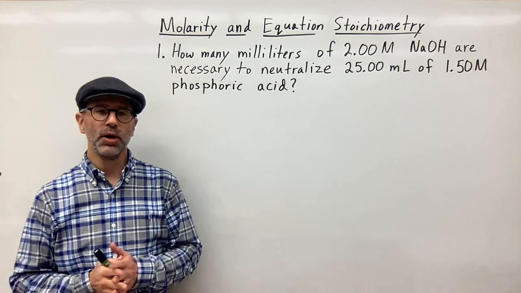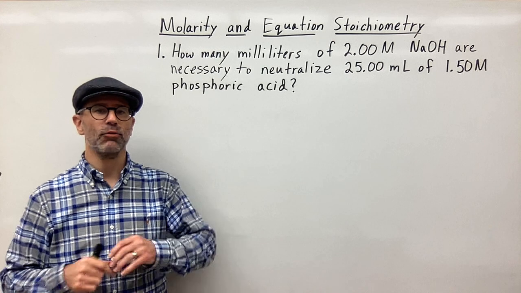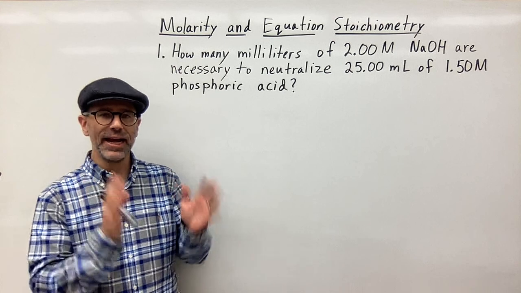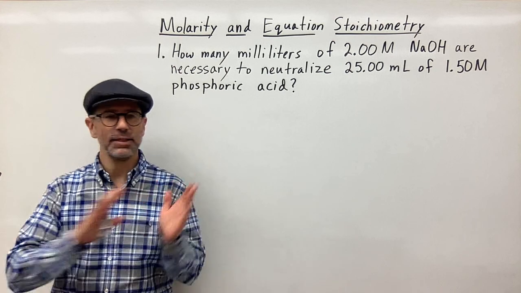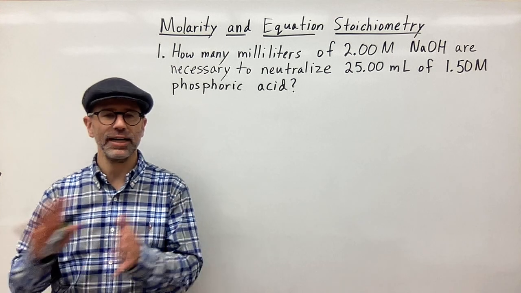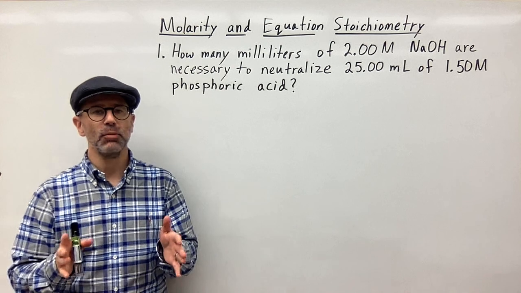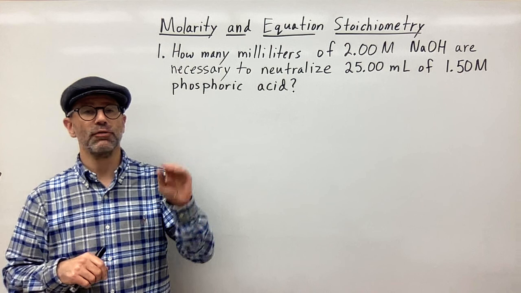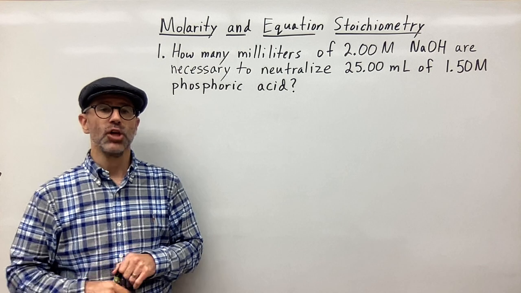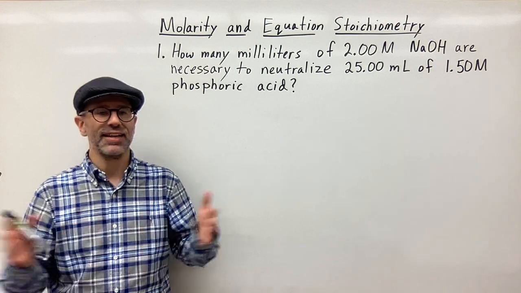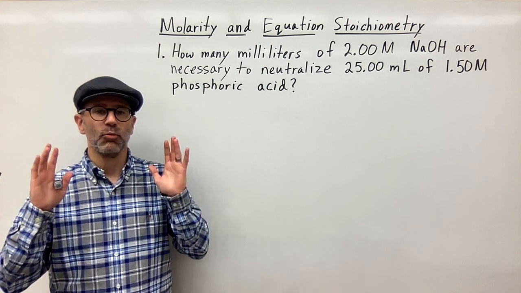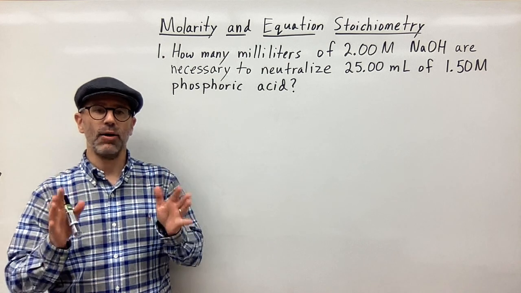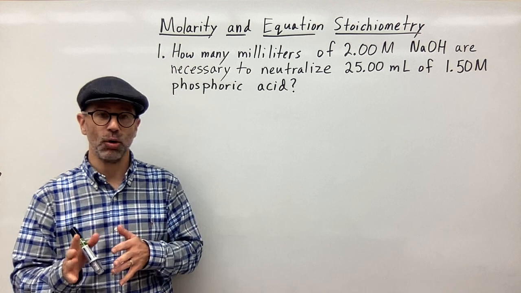Up to this point I've been harping on this idea that whenever you're doing stoichiometry, your goal is to take whatever unit they give you and get to moles as soon as you can, because as soon as you get to moles, you can use the mole ratio in your balanced equation to convert from one thing to another. That strategy still applies when you're dealing with molarity. It's just that with molarity, you now have a new way of getting to moles.